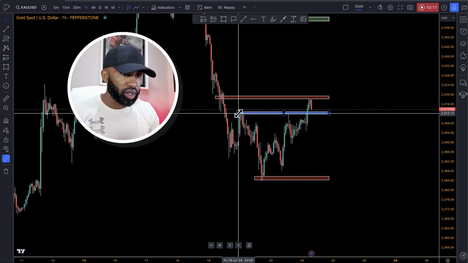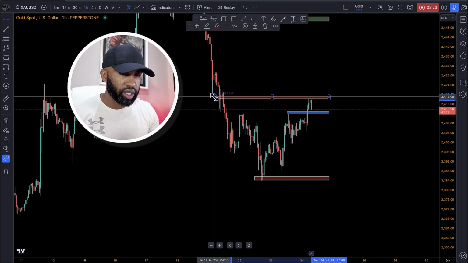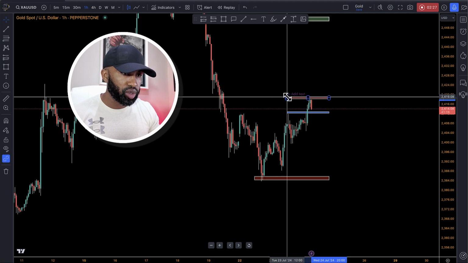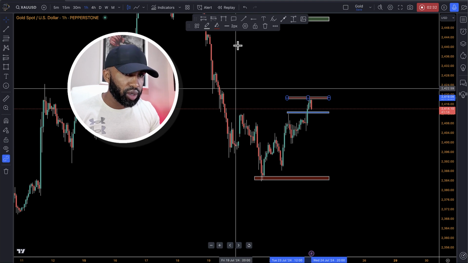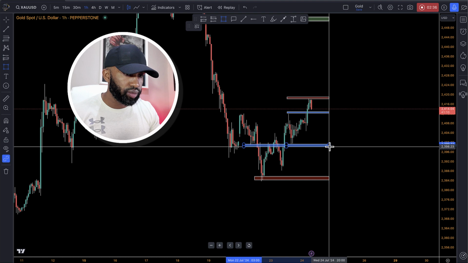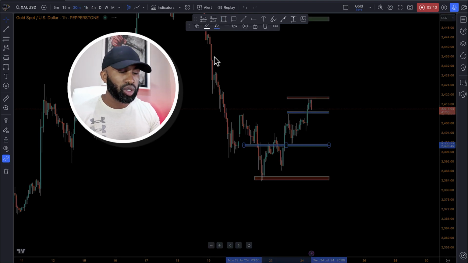So on the daily I color code red, the 4 hour I color code green, and the lower time frame I color code with blue. So I'm able to pick on anywhere and also able to focus and know exactly what zone I am at. So now to the lower time frame.